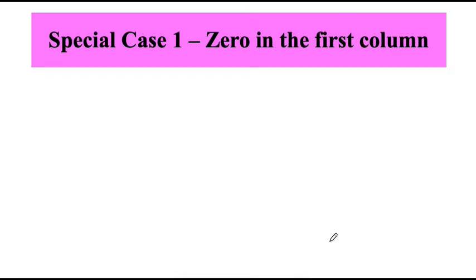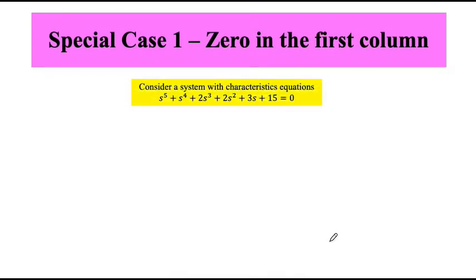Now let's do some other example. So I have s to the power 5 plus s to the power 4 plus 2s cube plus 2s square plus 3s plus 15 equals 0. Again the necessary condition is satisfied, all the coefficients are the same sign.